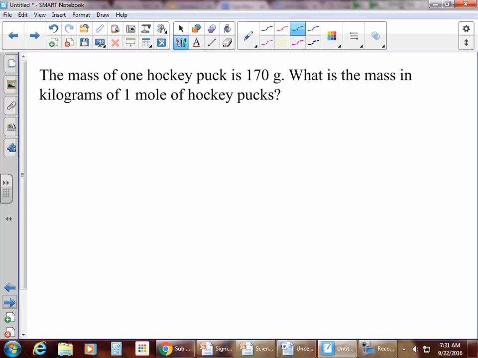We are starting with 1 mole of hockey pucks. I'm going to label hockey pucks as HP. I want to get to mass, so I want to get to grams, and we can convert that to kilograms later.